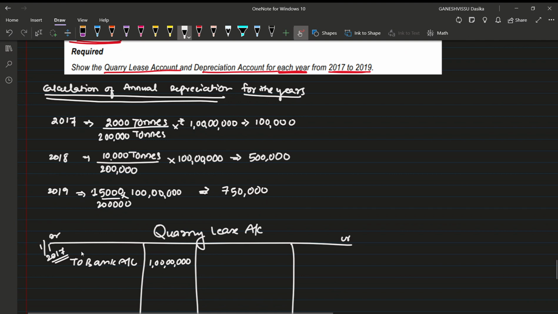So 1/1/2017, and this is 31st December 2017.